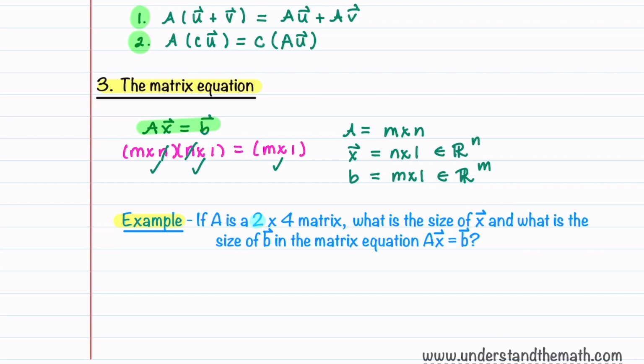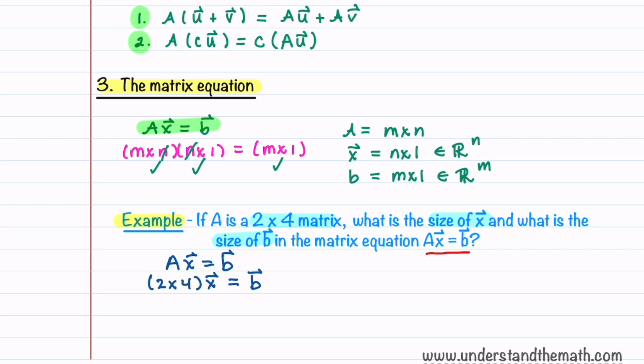If A is a 2 by 4 matrix, we want to determine what the size of X is and what the size of B is in our matrix equation AX is equal to B. We'll begin by writing down AX is equal to B and then filling in the sizes that we're given. We're told that A is 2 by 4. We want to know what X is, so we'll just write it down as X, and then we want to know what B is.